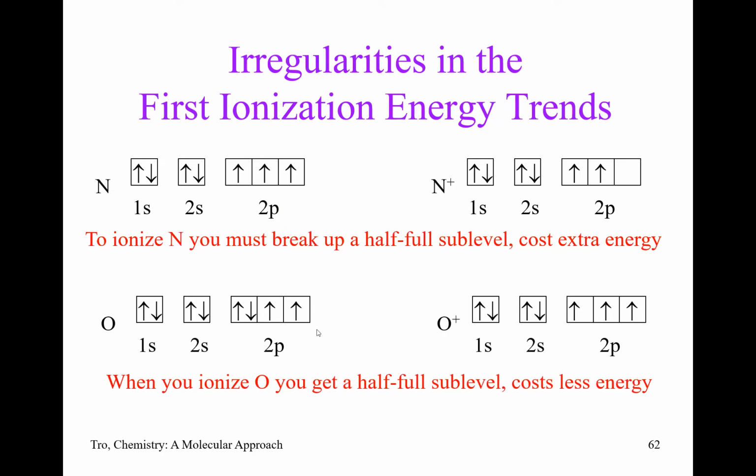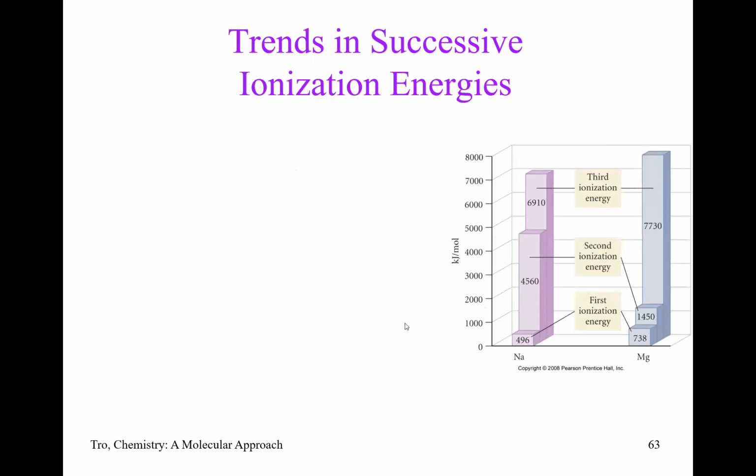And here it's just showing electron configuration from nitrogen to nitrogen plus and oxygen to oxygen plus. But again, a subtle little irregularity. I don't put strange things and really unique exceptions and little irregularities on the exam.